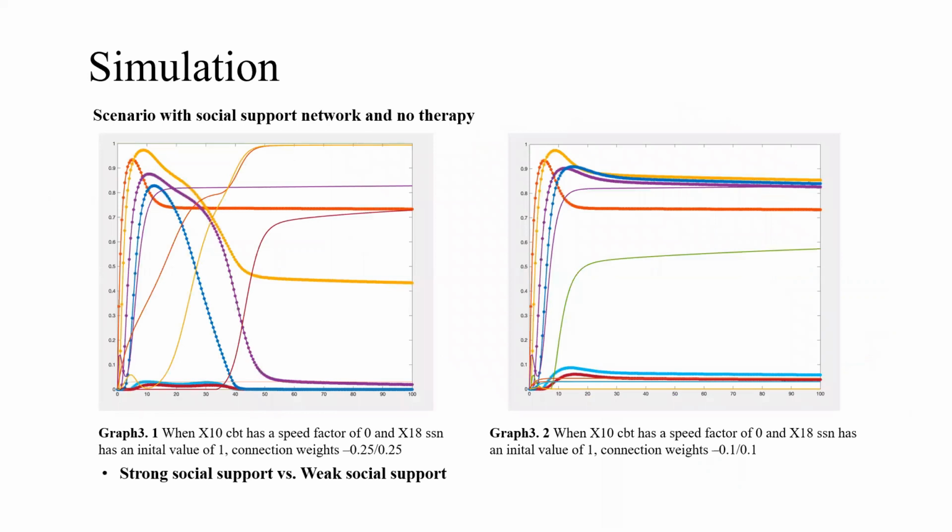And here we present two different values of positive social network, but there's a difference between a strong social network and a weak social network. When the social support is very strong, it has a higher value.